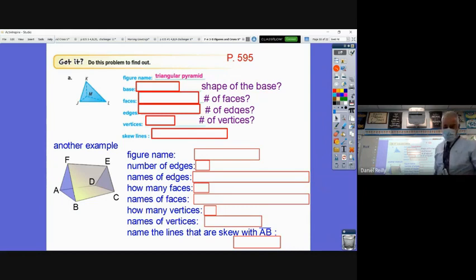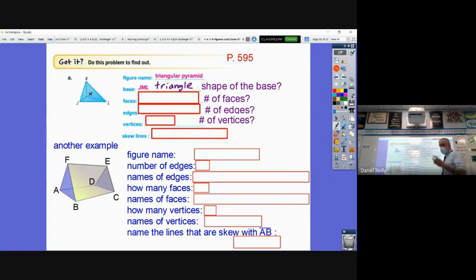Okay? What is the shape of the base of this figure? Alicia? It's a triangle. It's triangle JML. Okay, but really we just needed to say it was a triangle.